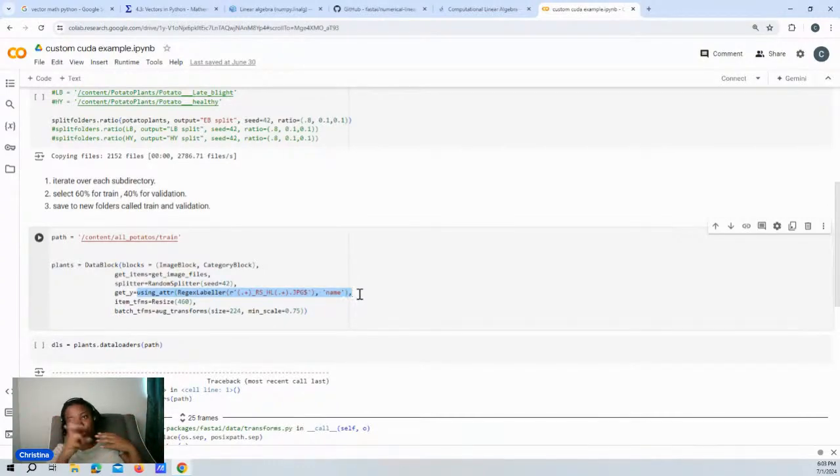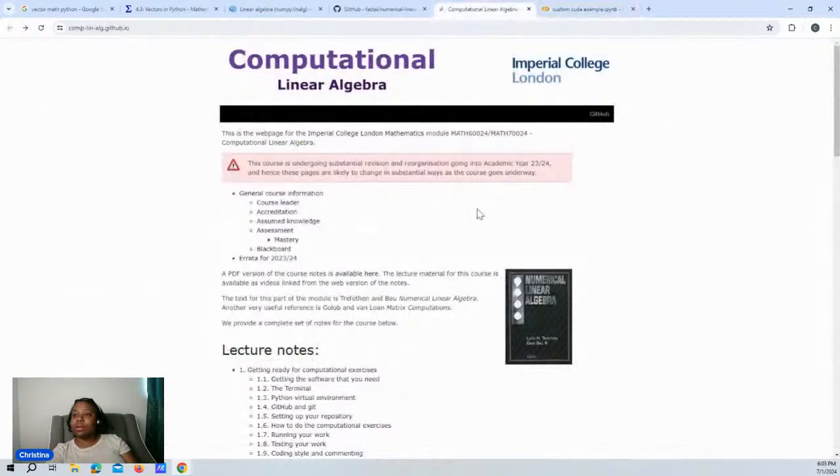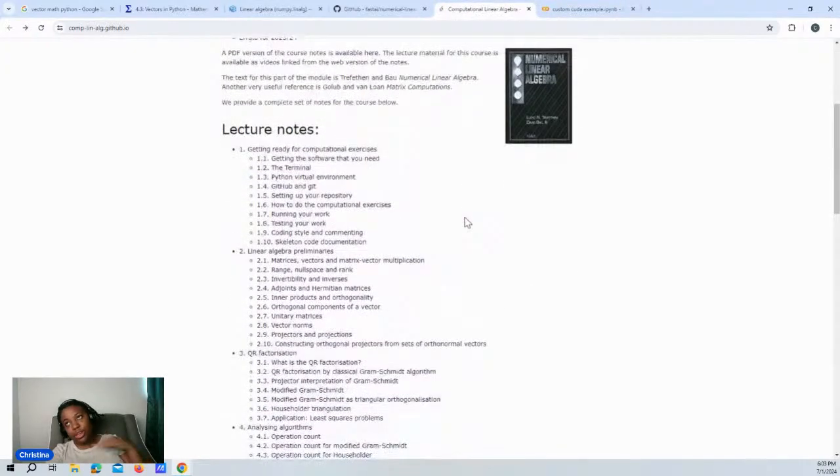And it seems like recurse equals true is the default, so it should by default loop through the folders. So we're just going to have to keep trying to get this part right so that I can load my data. But I don't want to focus on that. I want to get back to that towards the end of this week once we go through the math so that we stay on a semi schedule.